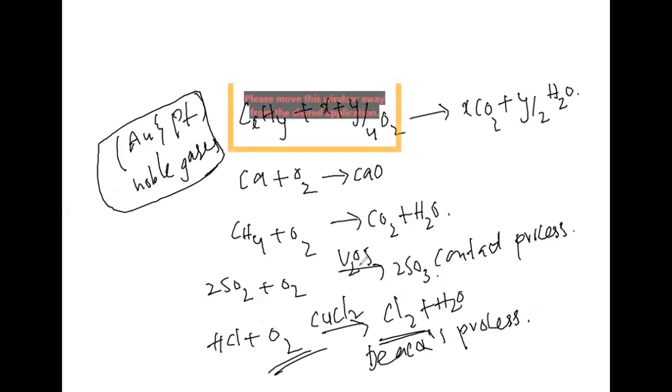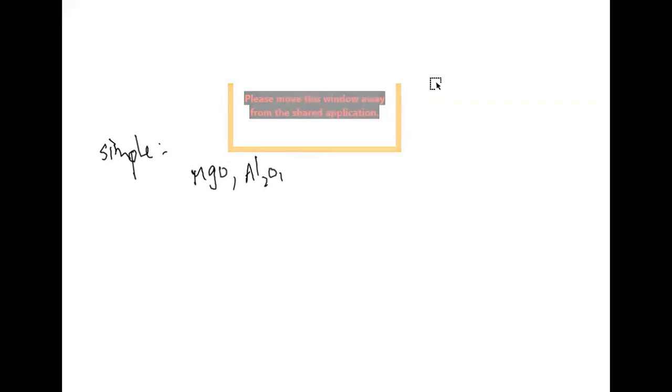Right. Now, as I said, oxygen combines with many metals as well as non-metals. It forms many oxides. These oxides may be simple. Simple oxides, the examples we can take are MgO, Al2O3, and just now what we took, that is CaO.